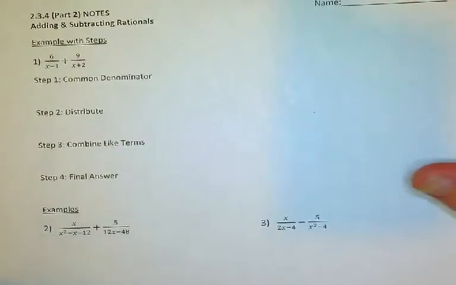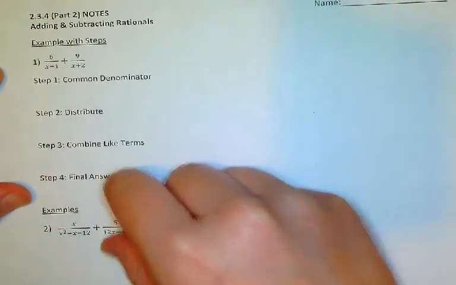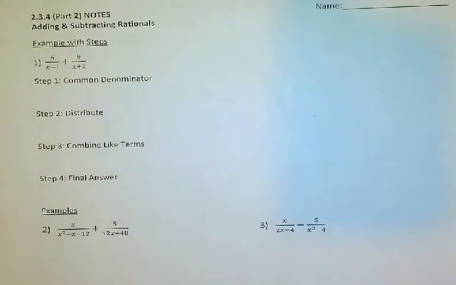Alright? So here, our first example, we've got these examples. This first example has the steps underneath it. So our very first step is to find our common denominator. Do these fractions have anything in common in the denominator?